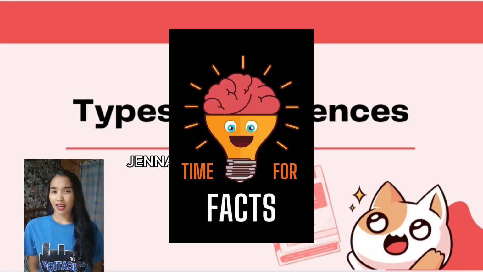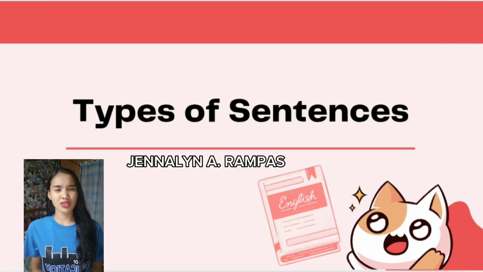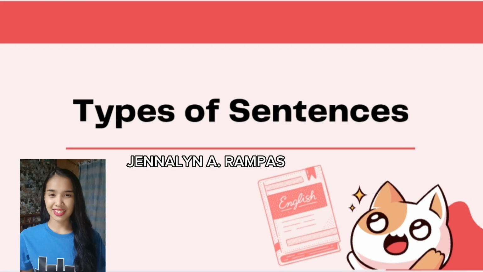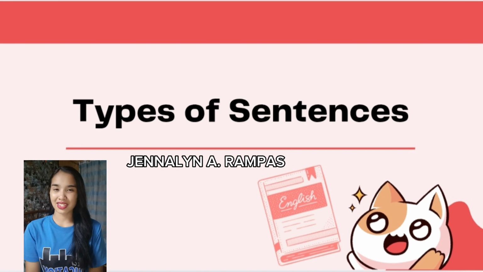Some state facts, some ask questions, some give orders, and some show huge emotion. Okay, so by the end of this class, you will be a master at identifying and using the four main types of sentences.